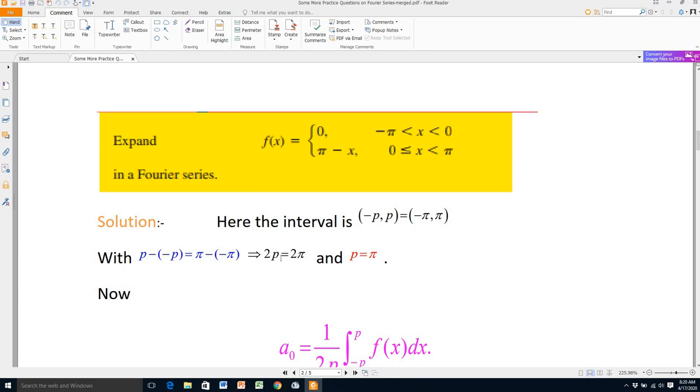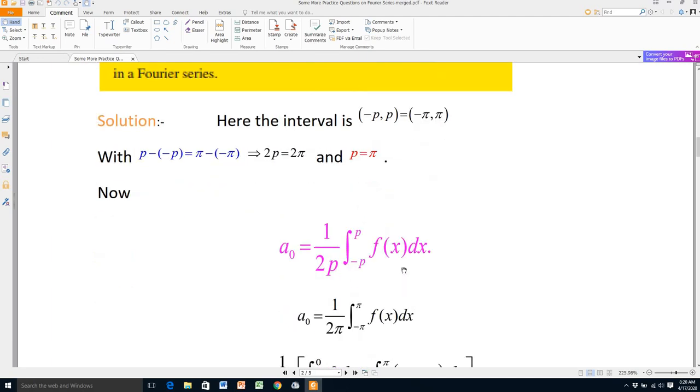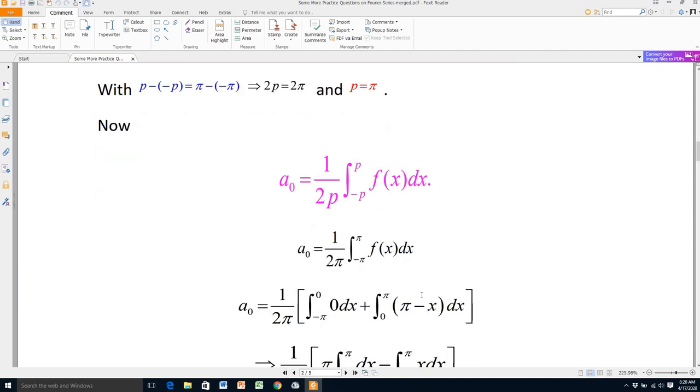After canceling the 2, we get p equal to pi. Now we move towards its coefficients. The formula for a naught is 1 over 2p times the integral from minus p to p of f of x dx. Here I am substituting the value of p.